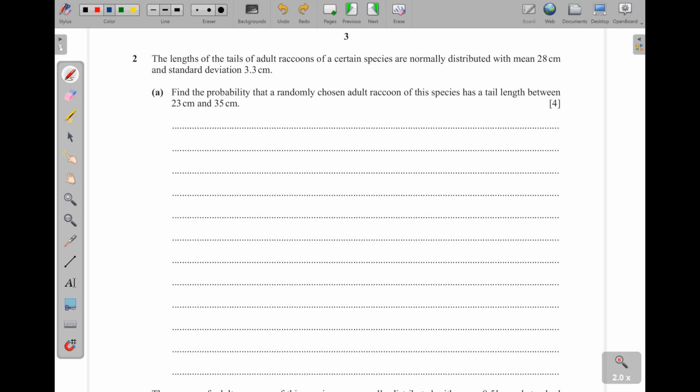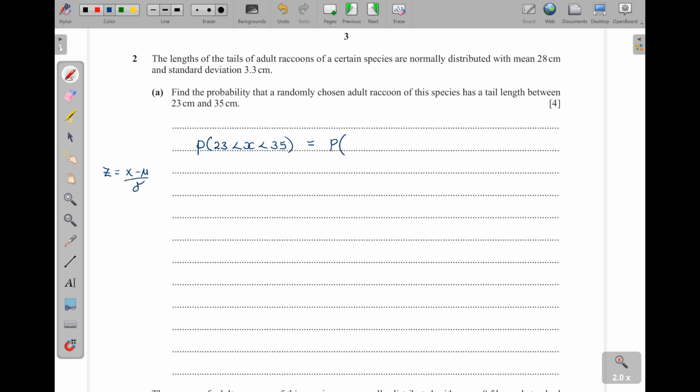So if I have a probability of, it is in between 23 and 35. So 23 less than x less than 35. Then I'm going to standardize this. Remember, when we are standardizing, z is equal to x minus mean, then divide by the standard deviation.